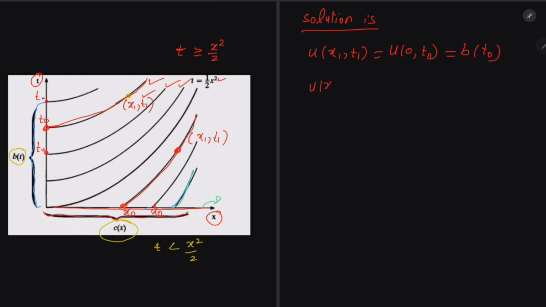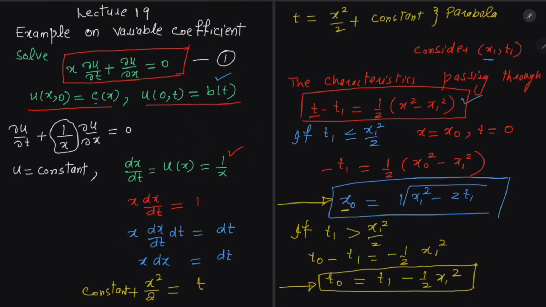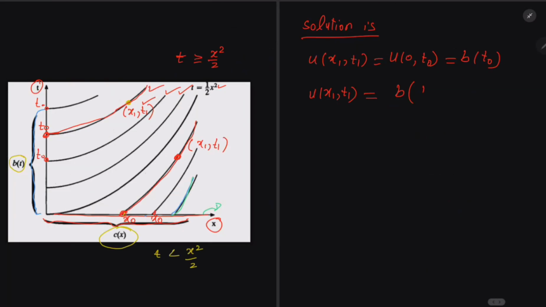So u of x1, t1 is b, and we put the value of t naught, that will be t1 minus half x1 squared. When we get t naught, we put the value of t naught into b. So we have this solution.